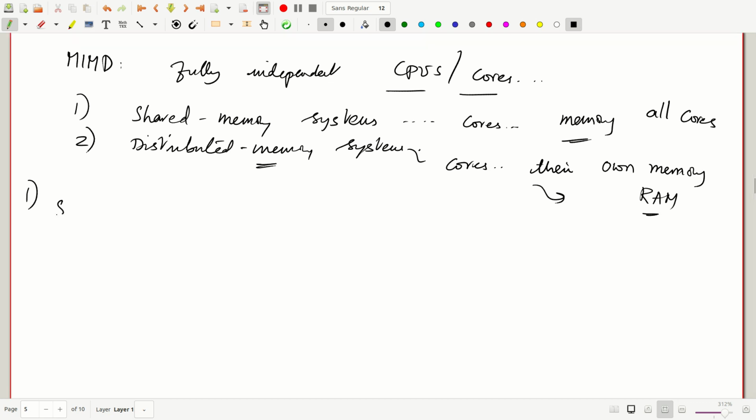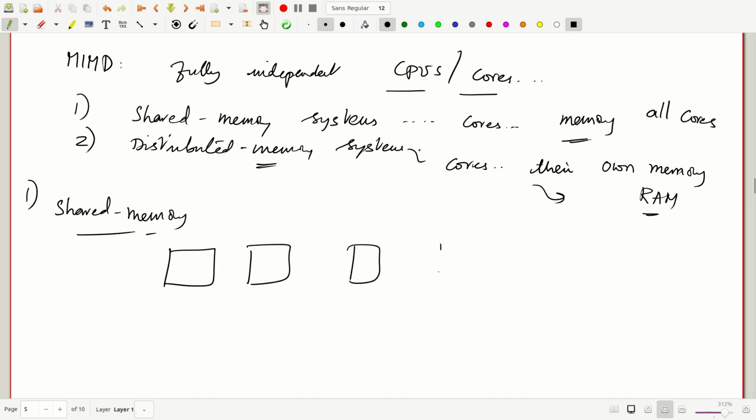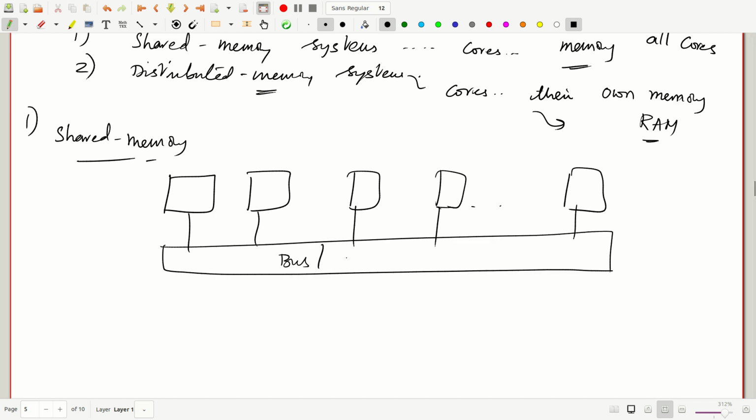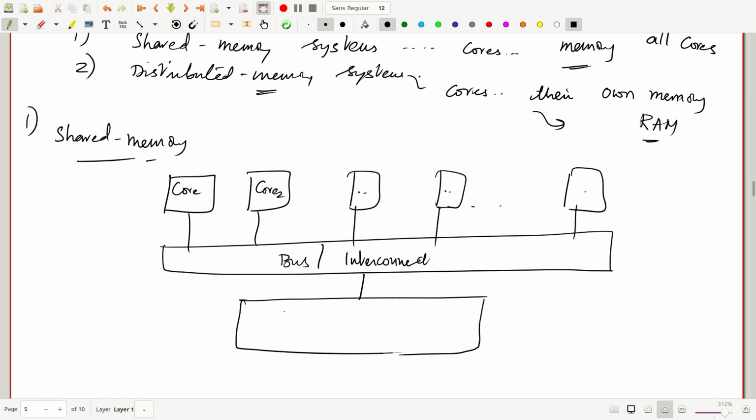Okay, so in the shared memory architecture, we have several CPUs, and they're all connected through a bus or an interconnect. These are core 1, core 2, and so on. They're all connected through a bus or interconnect to a single memory, or even if they have multiple memories, they all can be accessed by all of them.